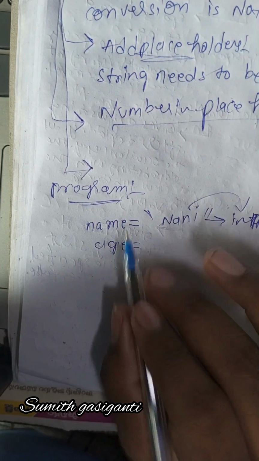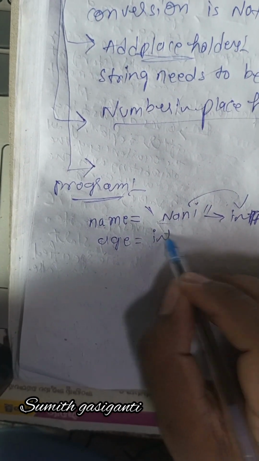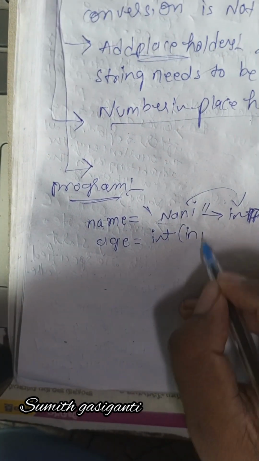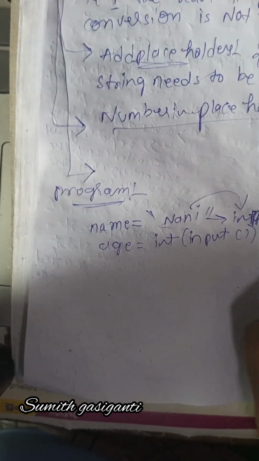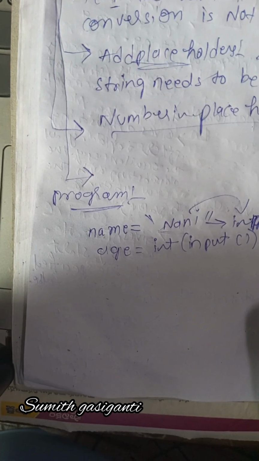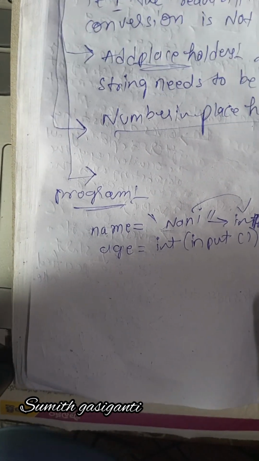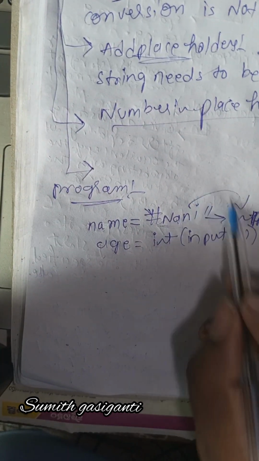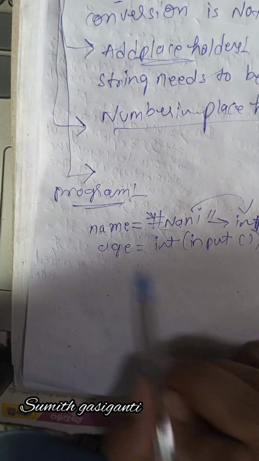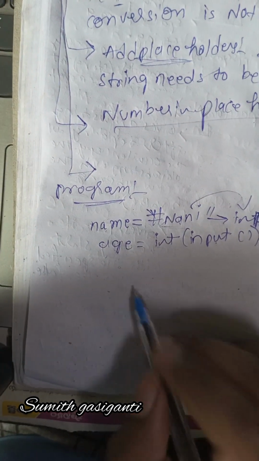Next I am taking one integer value, int(input()). In this way we have to take input by taking an integer. Here I am taking 20. So the input is Nani and age is 20.